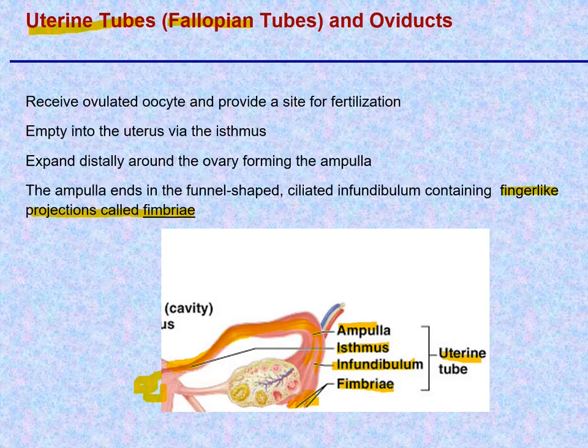All right, the ovary is completely separate from the uterine tubes. It's detached. The egg has to float into the uterine tube.